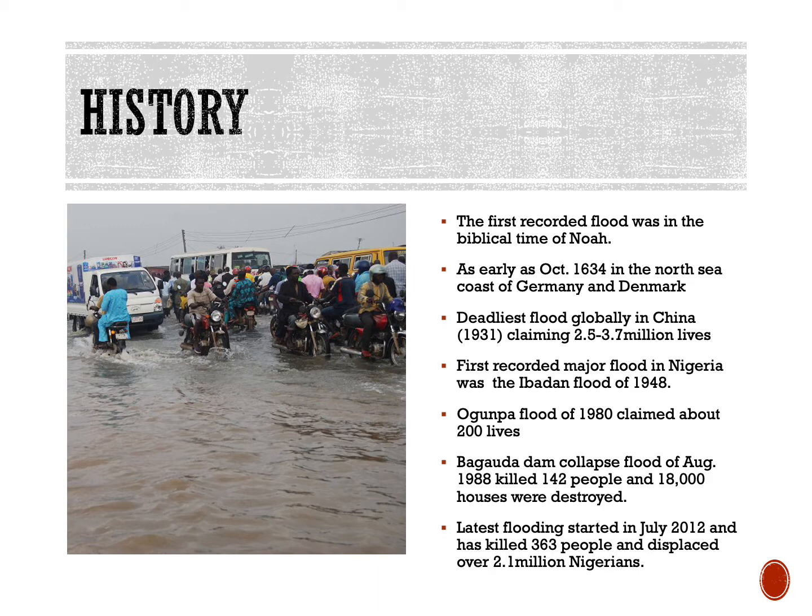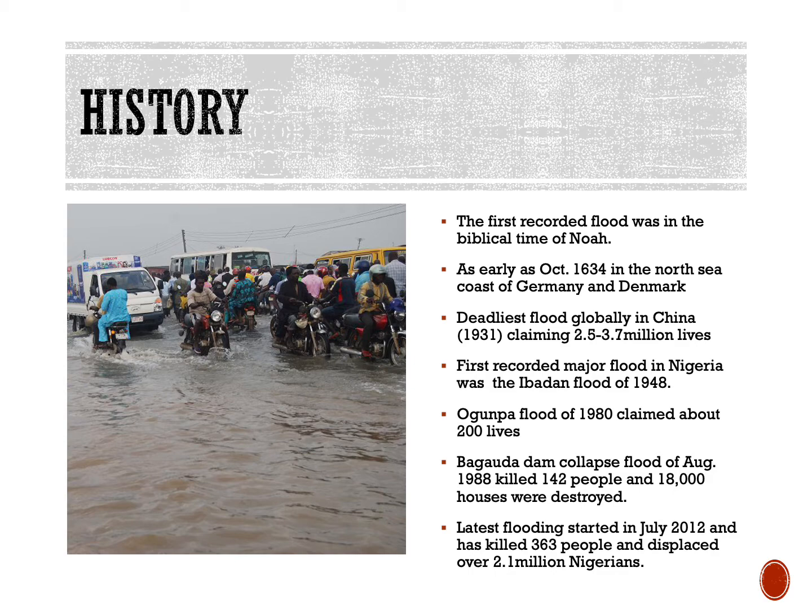But the deadliest flooding that ever occurred is the one in China in 1931, where over 3 million lives were lost. The first flooding that was recorded in Nigeria was the Ibadan flooding of 1948.